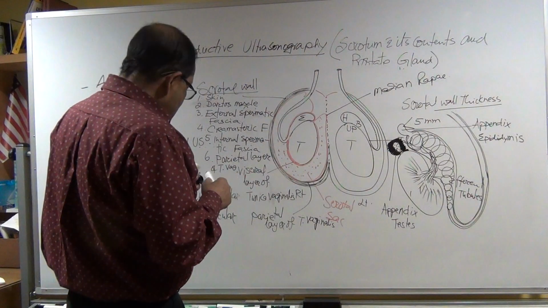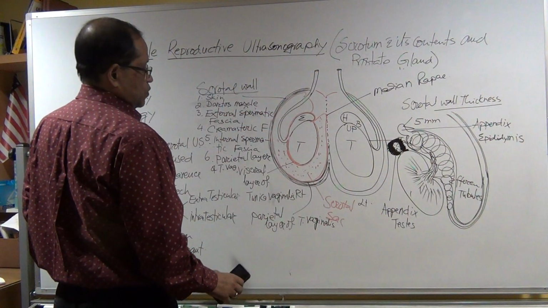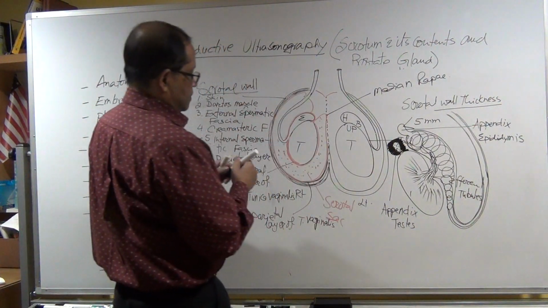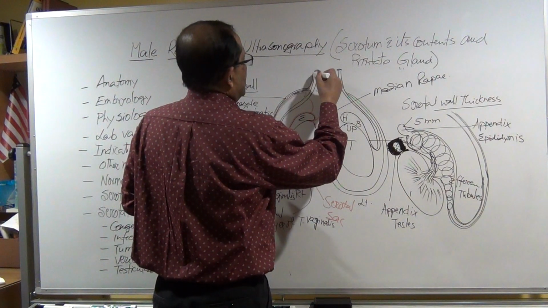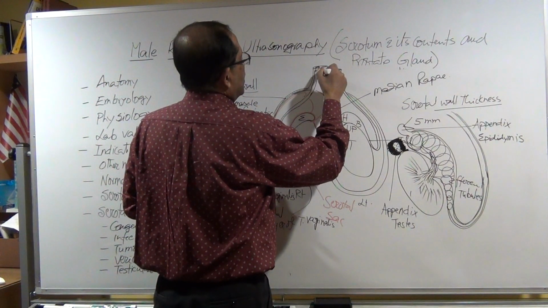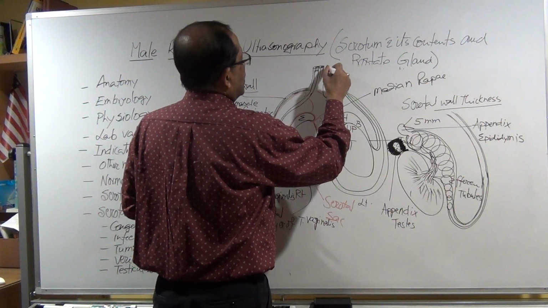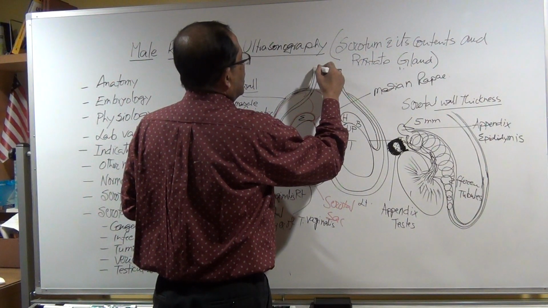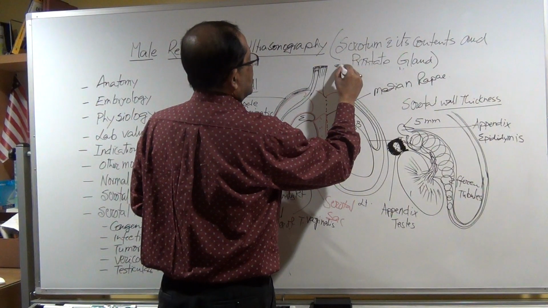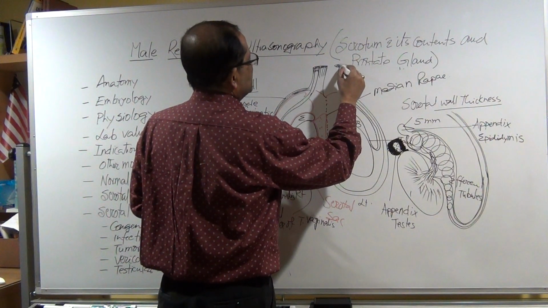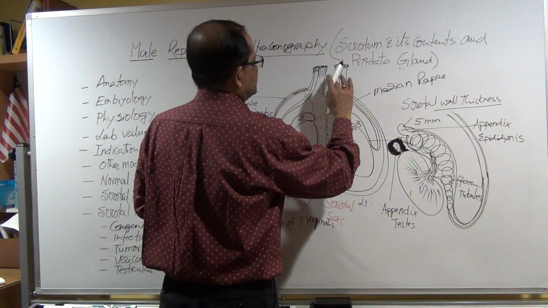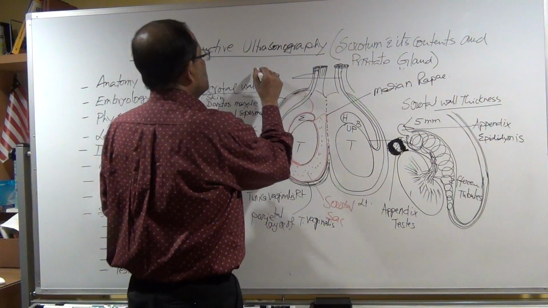We'll talk about that. So now one more thing here, we got the six layers of the scrotal wall, and one thing just understand here, on both sides, this is known as the spermatic cord.